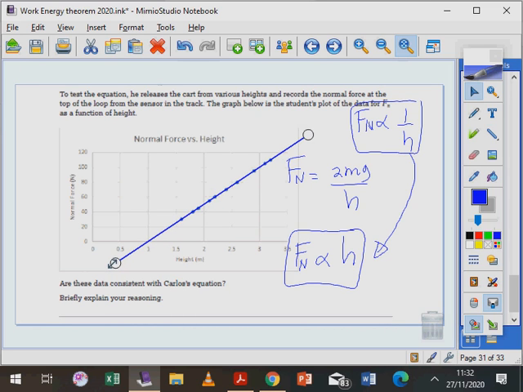At like one. So if that line cuts at 1, it shows you that when the height is 1, the normal force you get is 0.